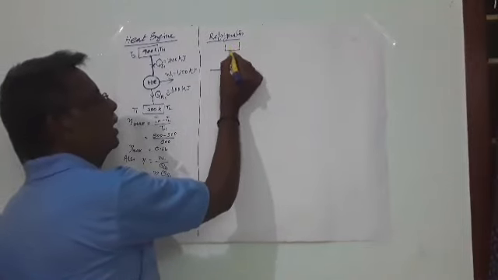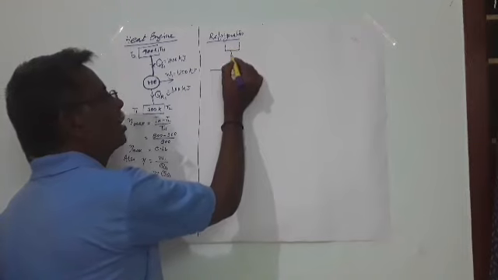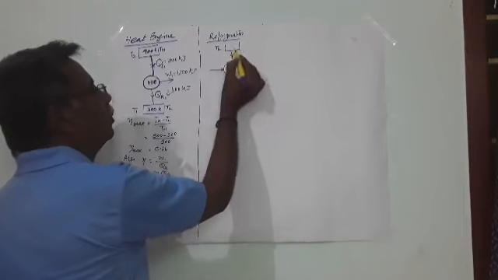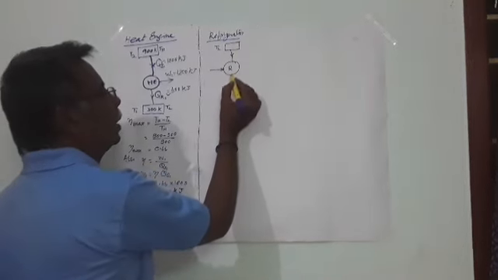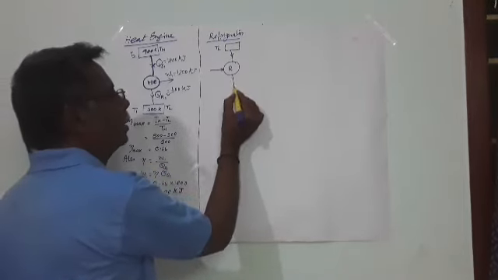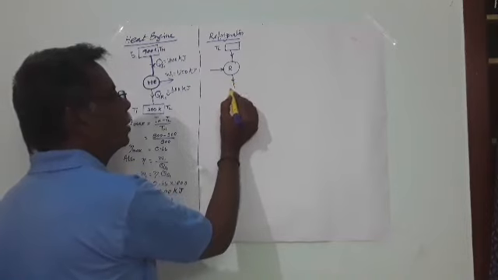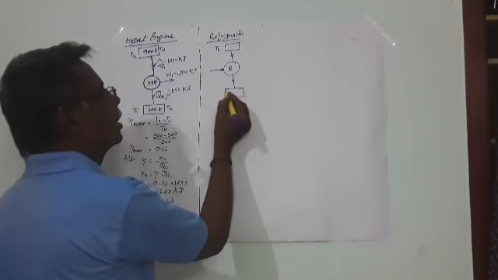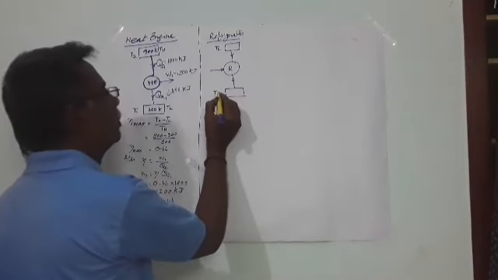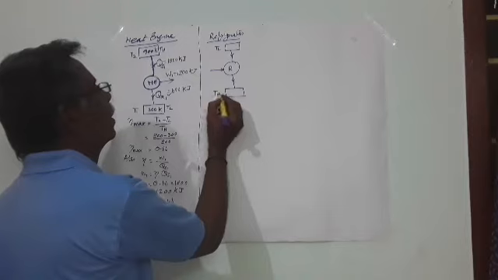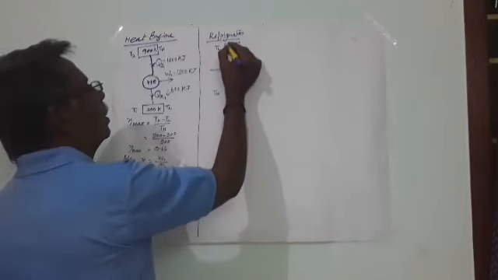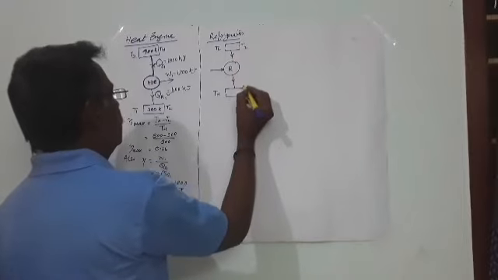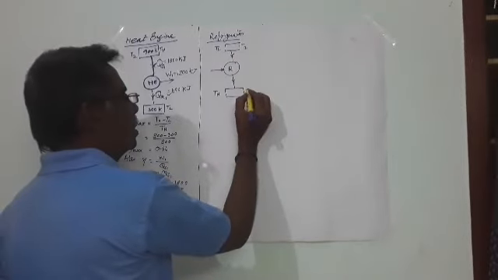It extracts heat from the low temperature body, so this is TL, and it rejects heat to the high temperature body. Let us take it as TH. Let the low temperature be T2, and let us take this as T1.